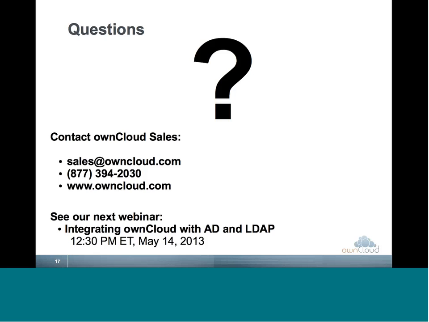Okay, let's see here. Can a real-time alert automatically reprovision ownCloud to shut off a user? You certainly can do that. Now, it depends on what that user backend looks like. If you have a user backend that is linked into, say, LDAP or Active Directory, and you see that user log in and perform a certain behavior, you have to know what that behavior is going to look like and how it is going to present itself in the ownCloud log, which is something we can help you with.